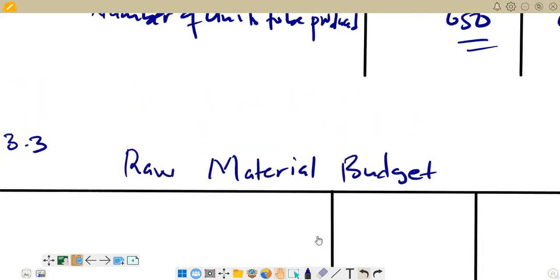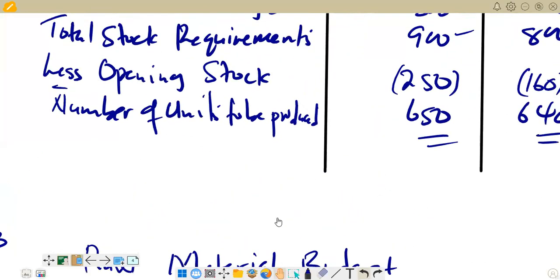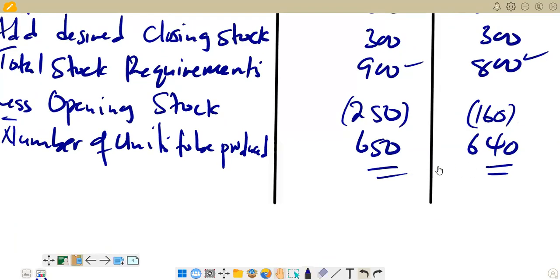The figures that we got here, that is number of units to be produced, are very important. These are the figures that we are going to use in the raw materials budget. Again, they are going to be the opening figures that we start with. If you look in the manufacturing overheads budget, we are also going to consider those figures.